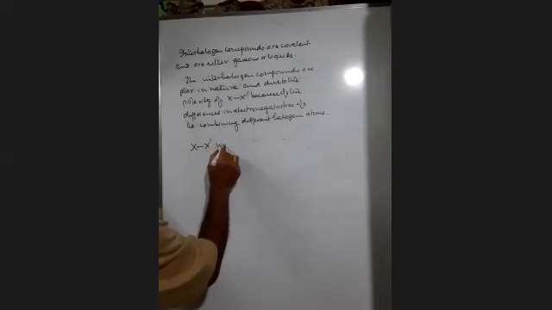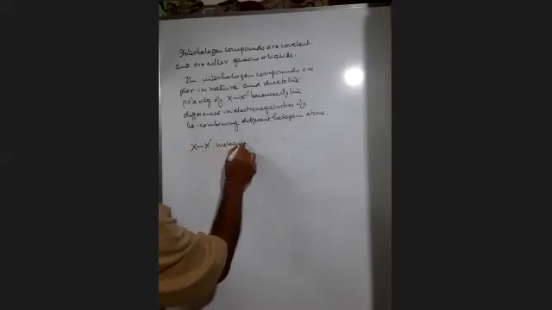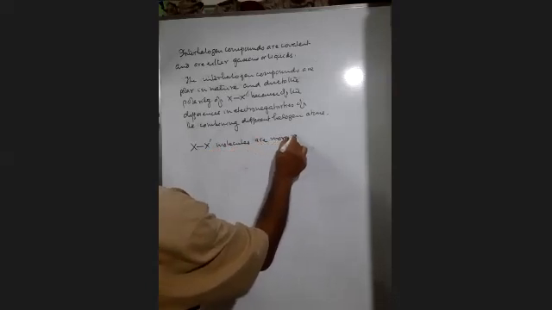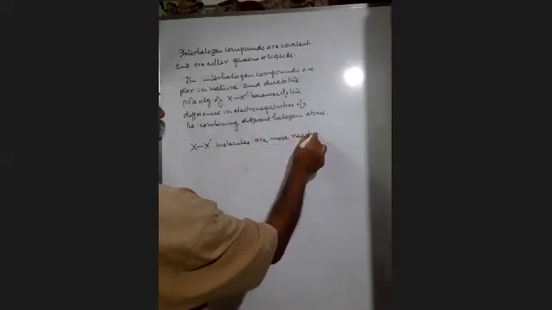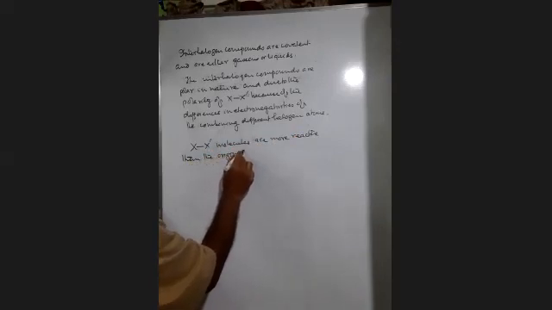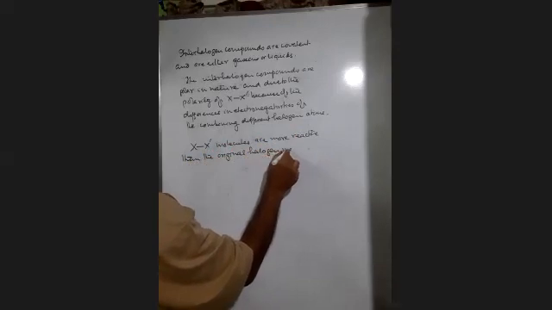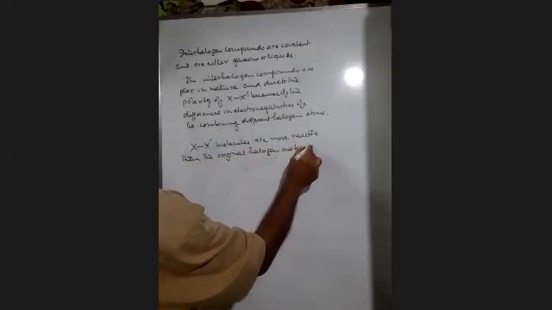XX prime molecules are more reactive than the original halogen molecules. What are the original halogen molecules?